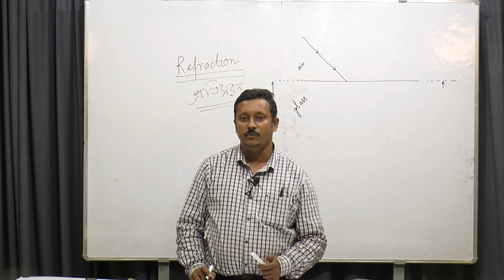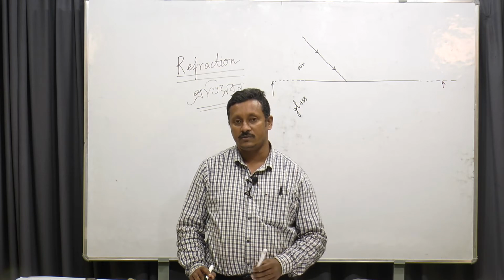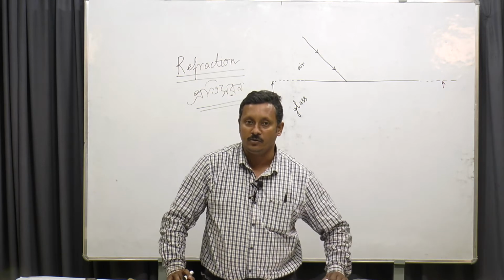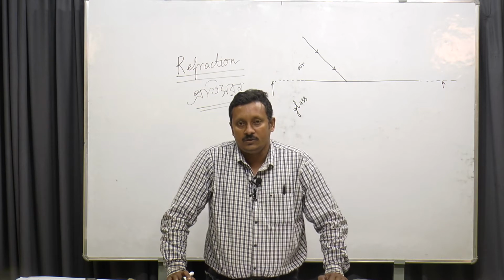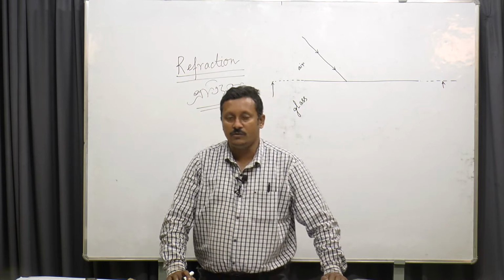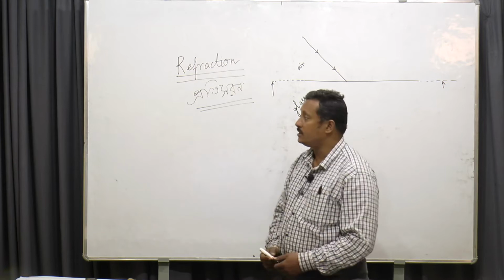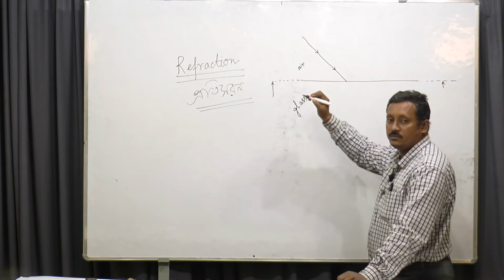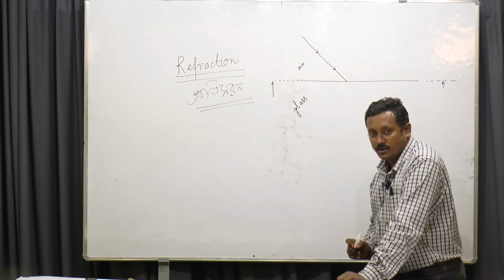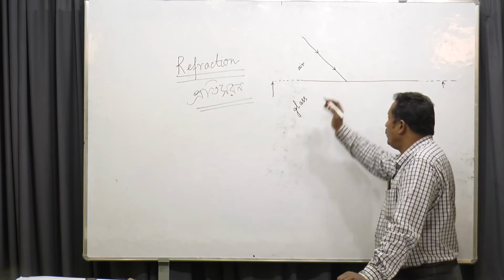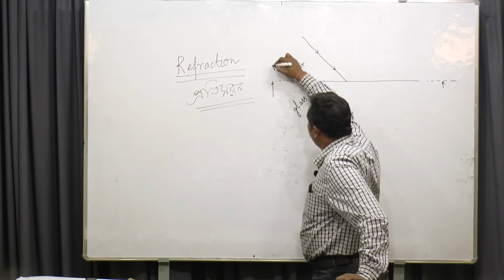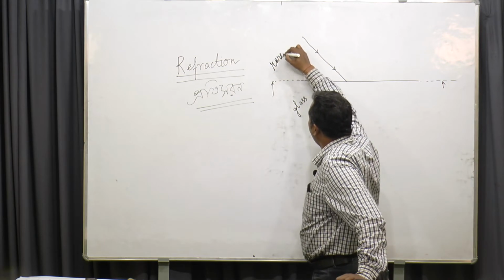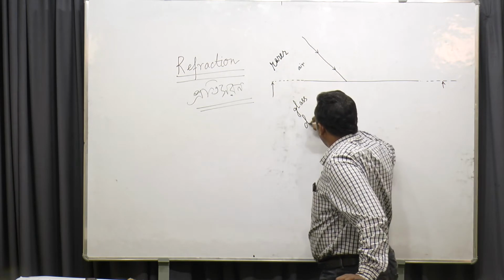So your speed will be decreased. You cannot move as fast as you were on the plain road, and with the same velocity within the sand. So the medium is changed here. The medium changes means the density of the medium has been changed. I am going from rarer to denser medium.